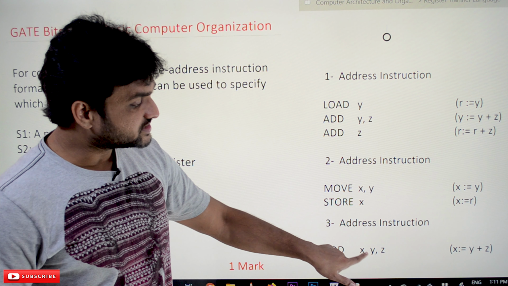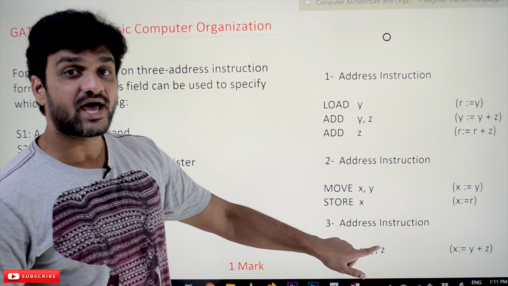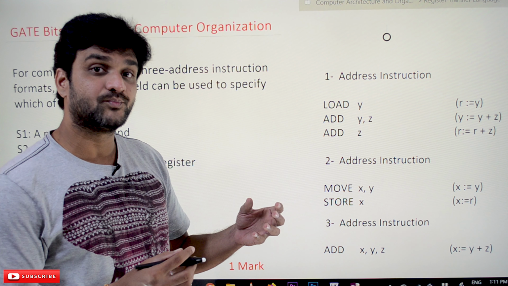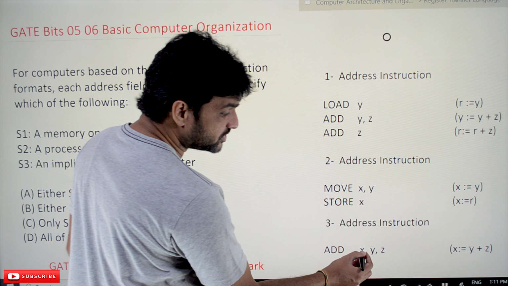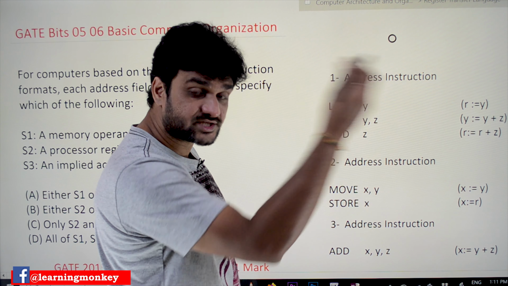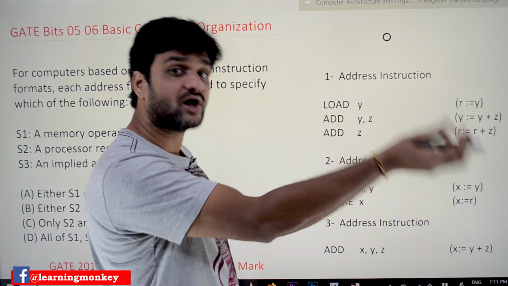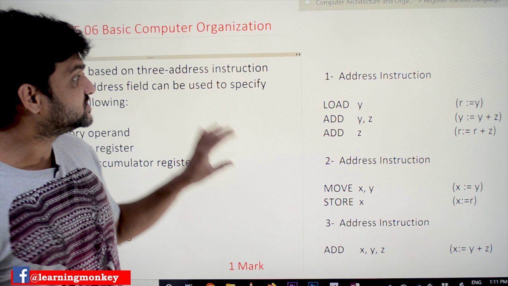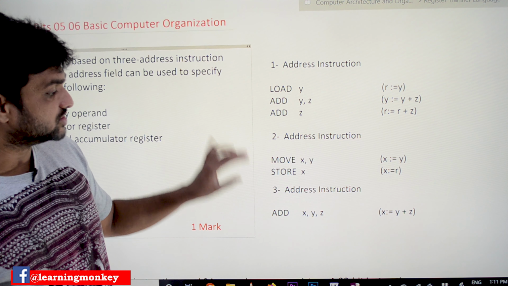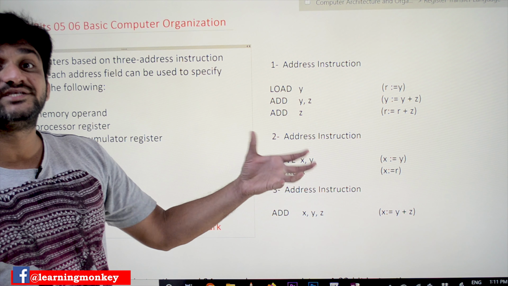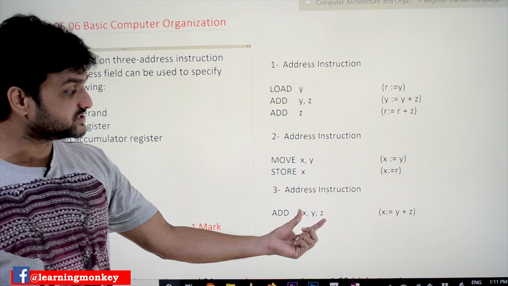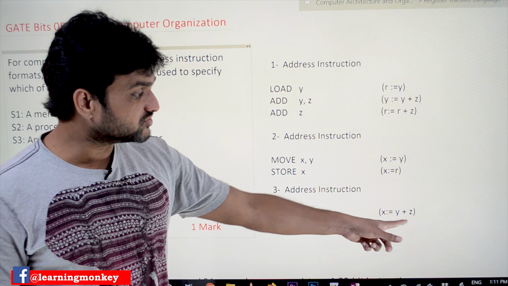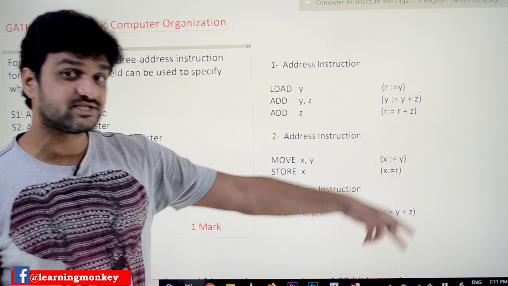The 3 address instruction is going to mention both the addresses of the operands on the memory, or they may also mention the register addresses. This is how the addition is done in a 3 address instruction.